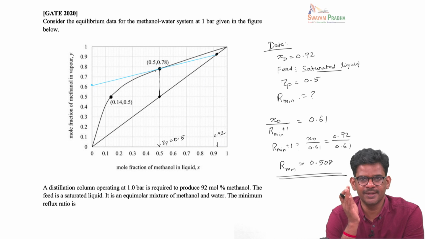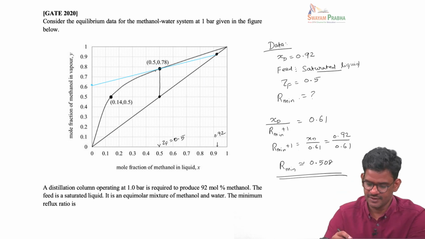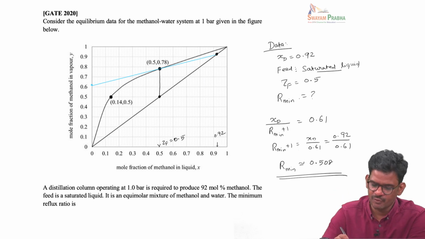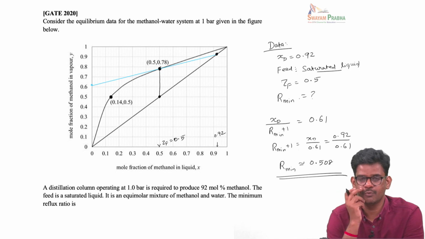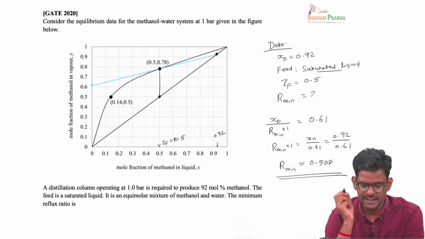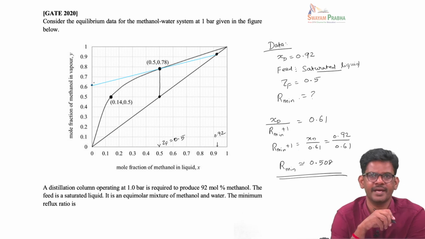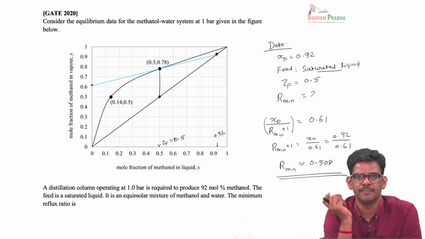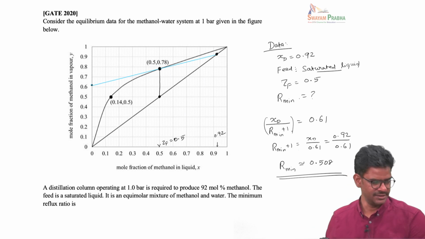For saturated liquid, the Q line is a vertical line from XF to the equilibrium line. So, we identify the point of intersection at 0.5 and 0.78, and then we connect these two points, and then we find the intercept on the y axis, and we know that the intercept is related to the minimum reflux ratio, and from here we can get this.